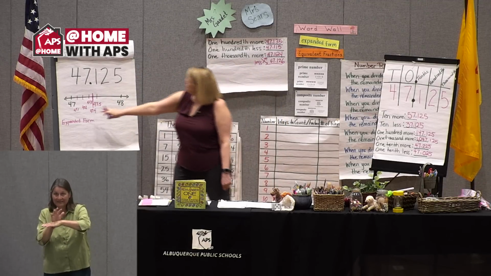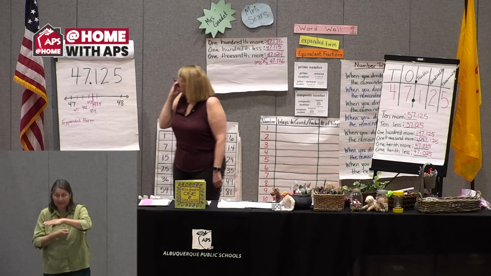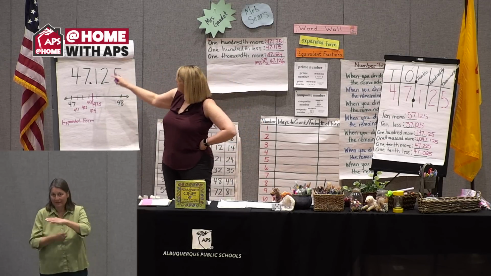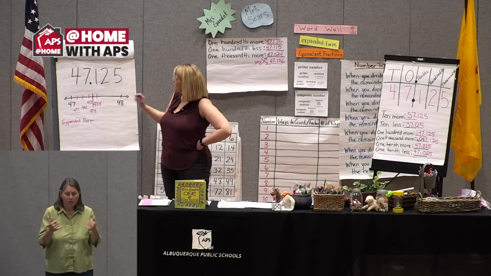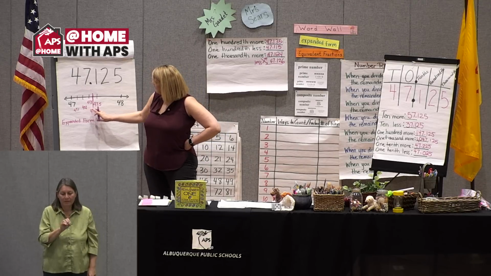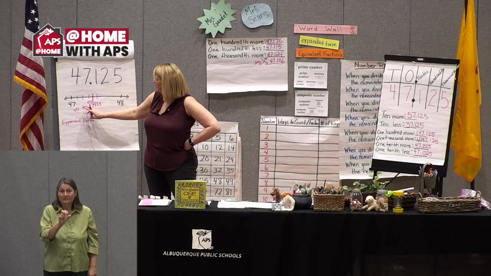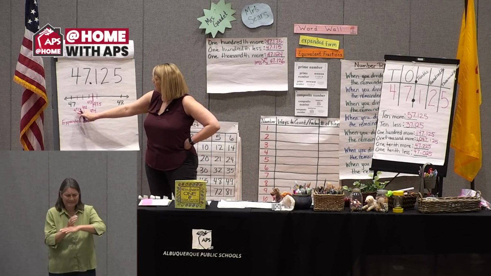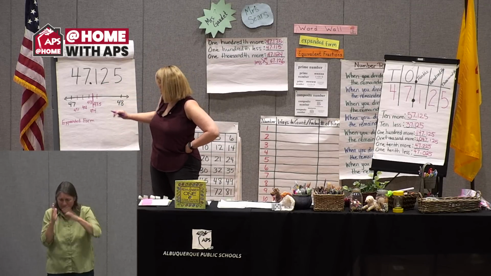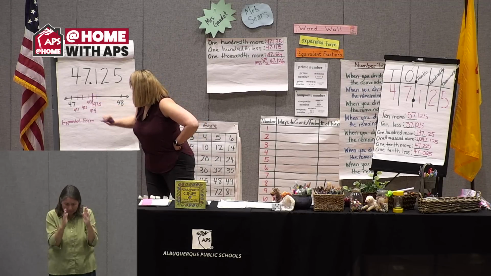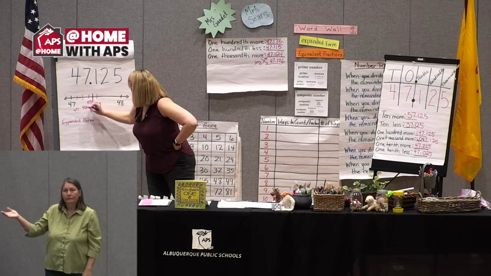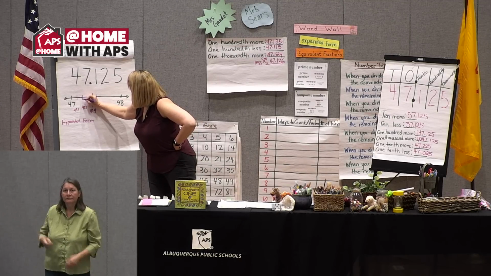So I know I have 47 and 1/10 already. Now I've got to figure out how could I get 47 and 125 thousandths there. Well, if I know that this is at least a tenth in between, I'm going to probably have 4 more equal parts that are going to need to get me in between that number. Let's see if I can do it. I'm guessing this one is going to be right here. Let's see if I can get another one right here and another one right here.